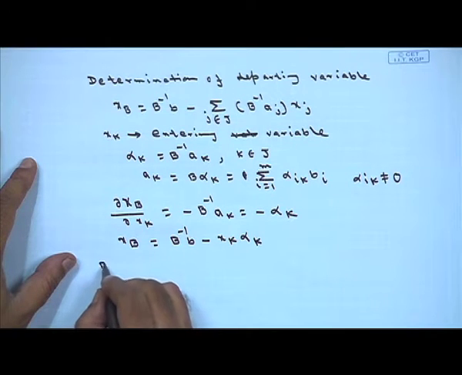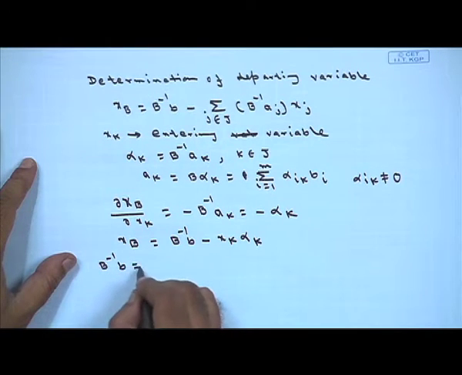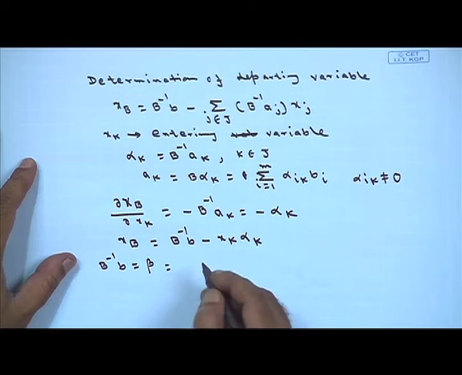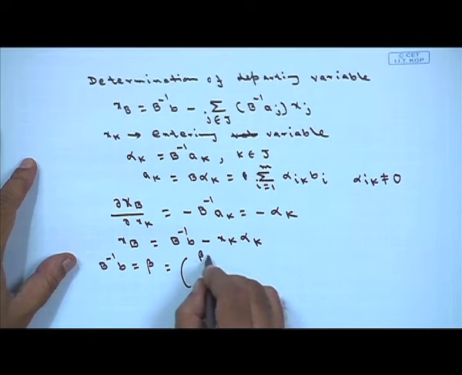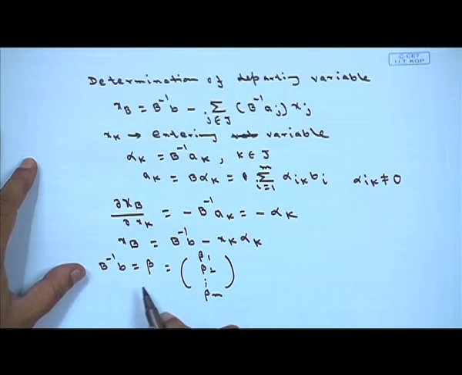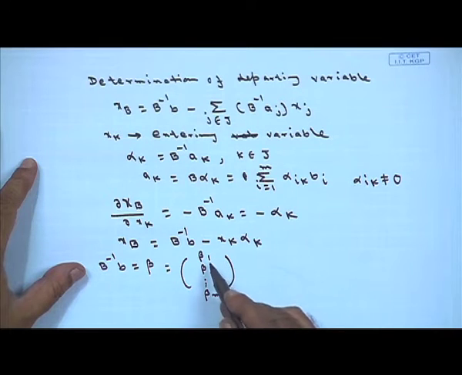Now put B inverse b equals beta, which is beta 1, beta 2, like this way beta m. I am assuming B inverse b as beta.